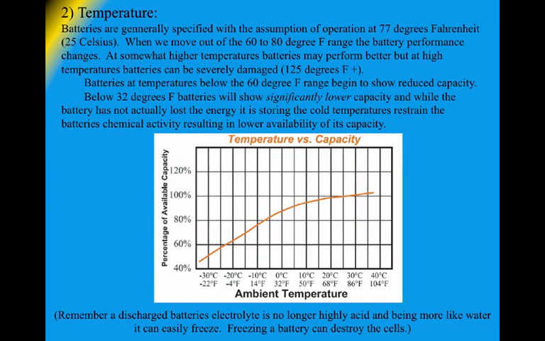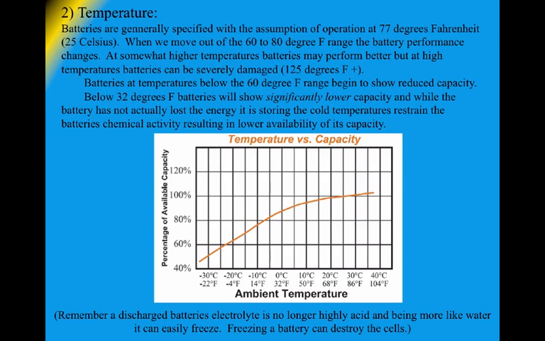At a slightly higher temperature, batteries may perform a bit better, but they will be aged more quickly, and at high temperatures, batteries will be significantly damaged. We do not want to be operating batteries in excess of 100 degrees Fahrenheit.